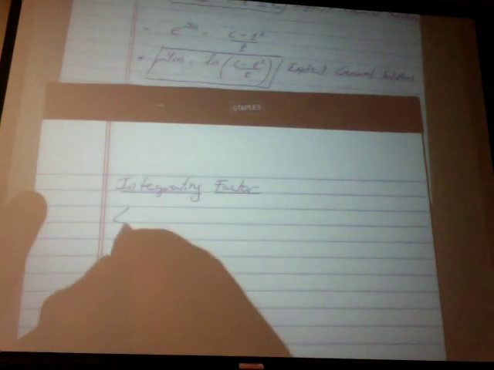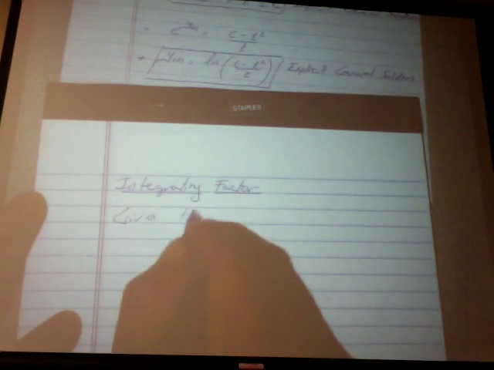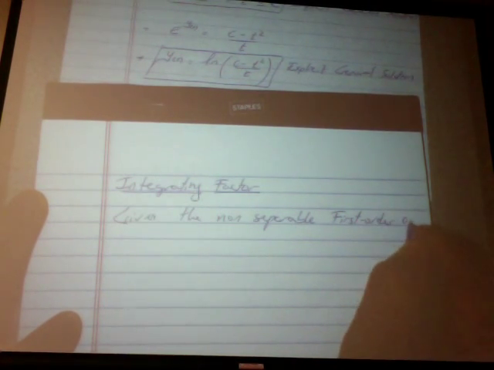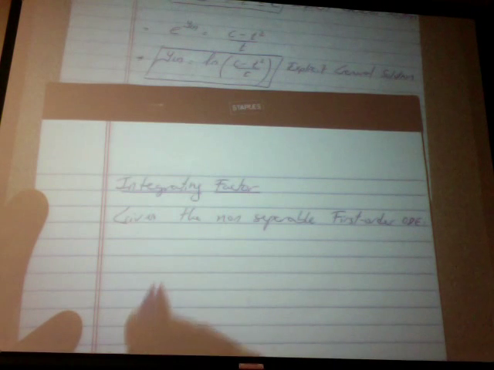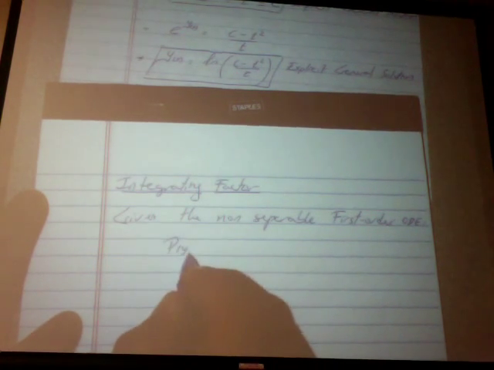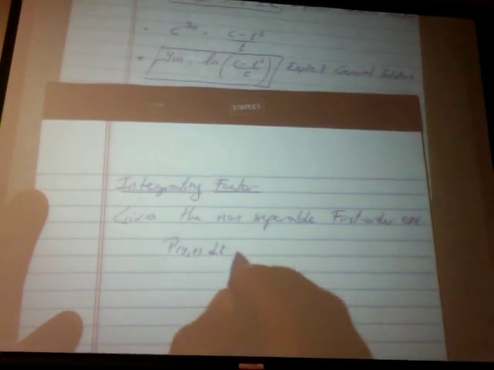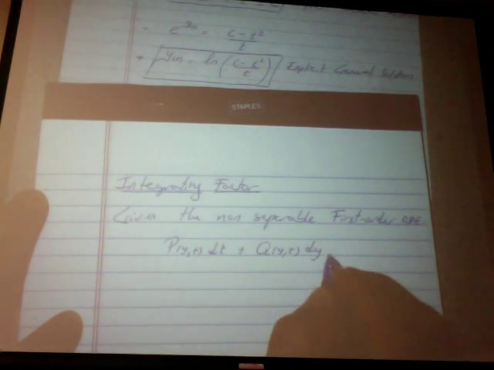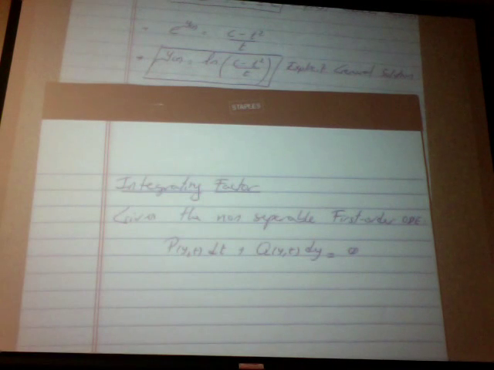So given the non-separable first order ODE, written in the form already, let's assume that we've already written it.